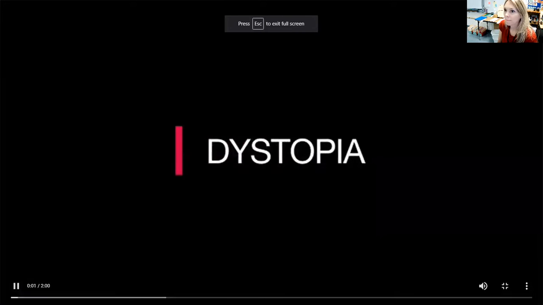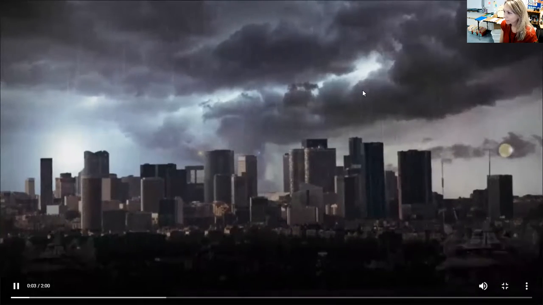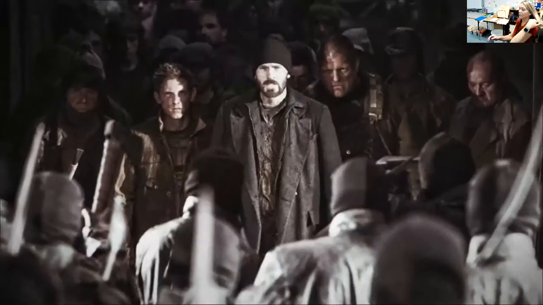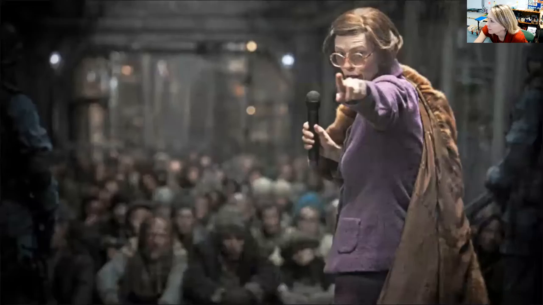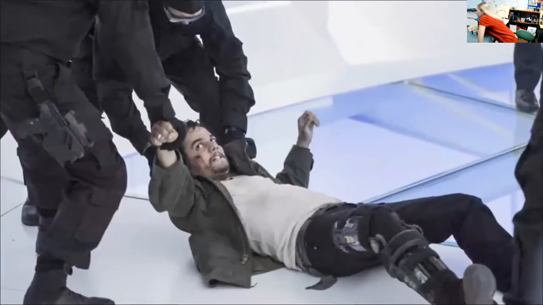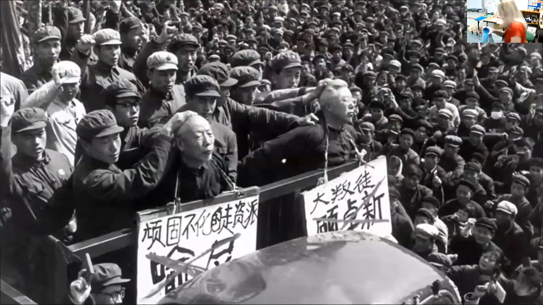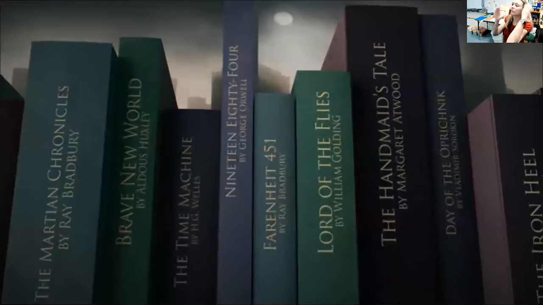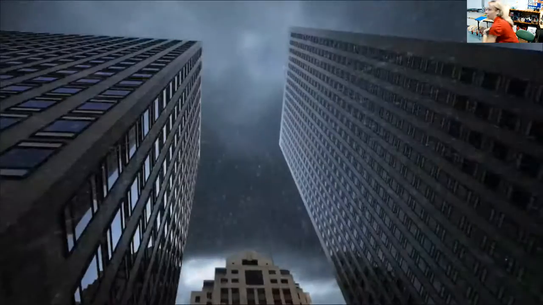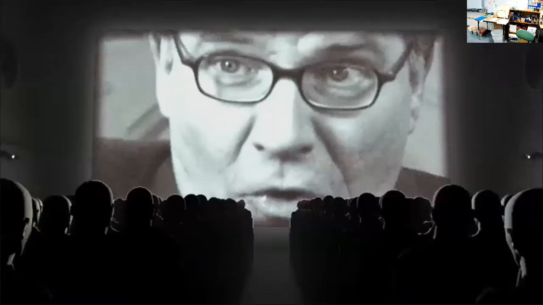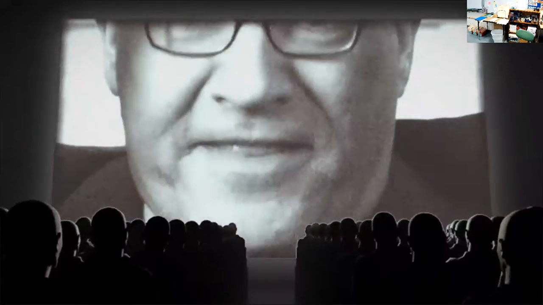Dystopia. What if you lived in a world without freedom, where you were forced to conform, where everyone had to follow orders or be punished? In the real world, whole countries have been oppressed at the hands of ruthless leaders who punished anyone who stood against them. These awful realities are just one way writers have been inspired to create imaginary worlds that warn readers of what society could become. These worlds are called dystopias, where life is grim and all hope seems lost.